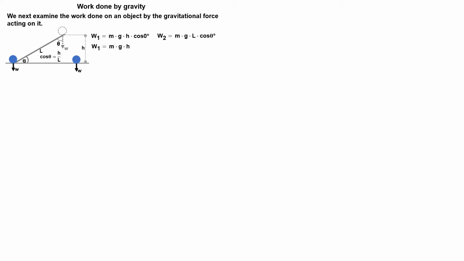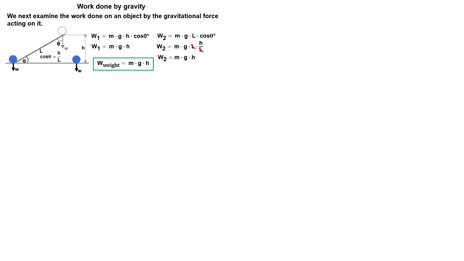Once cosine of theta is determined from the geometry of our sketch, it is straightforward to calculate the work done by gravity. The work done by the weight is mass times gravity times height again. This result is exactly the same as for the vertical motion, and it shows that the distance L cancels.